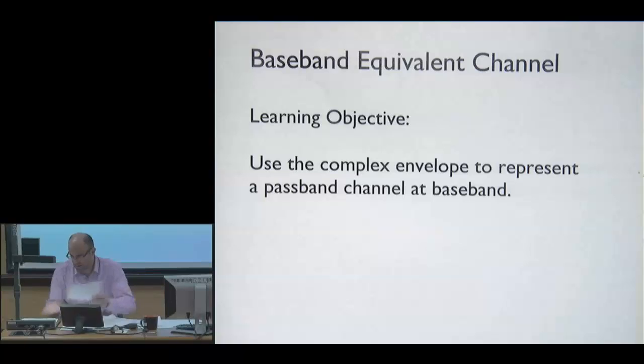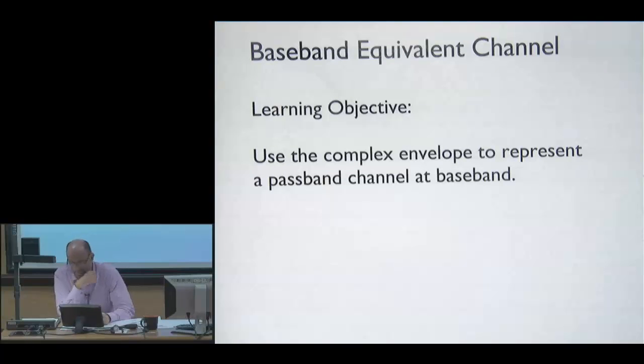So to wrap up, what we talked about today was the baseband equivalent channel. I hope that you can calculate that baseband equivalent for more complicated settings, and you can use it for simulation. That's a concept that's important and goes beyond the class.